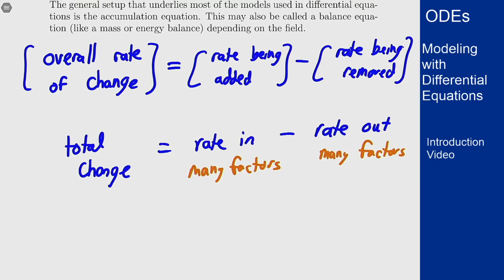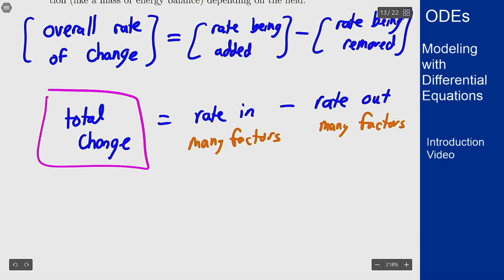And put those together to determine the total change. This over here is usually where the derivative comes into play, because if I want to look at the net change or the rate of change of some quantity, that is the derivative. And then the rate in and rate out can depend on many different factors, how things are changing, what's going on in the problem. But this part's where the physical system will come into play and how it makes this model.